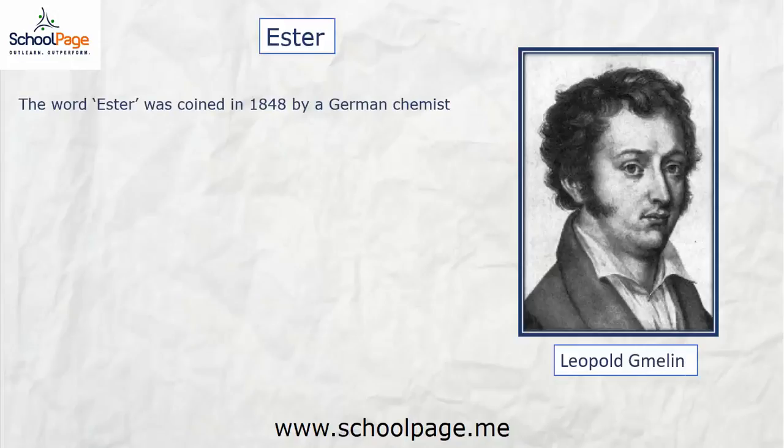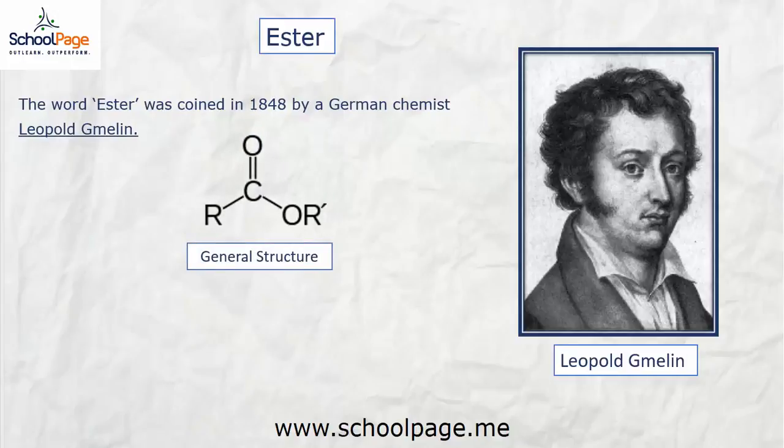The term ester was coined by a German chemist called Leopold Gmelin in 1848. Now let's have a look at the general structure of this compound. Here there are two functional groups which can be an alkyl group, an aryl group, or even a hydrogen as well.